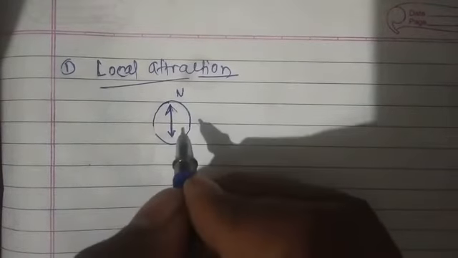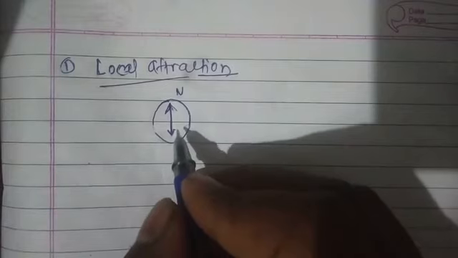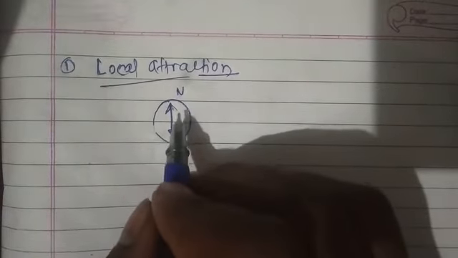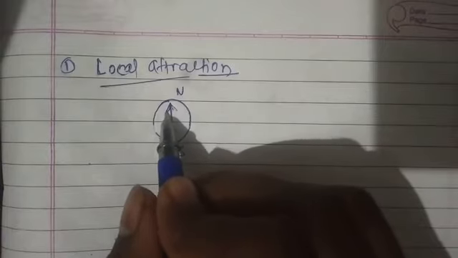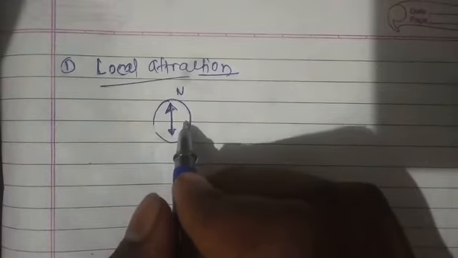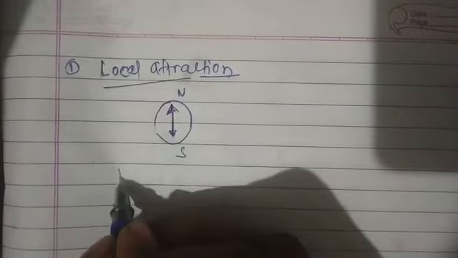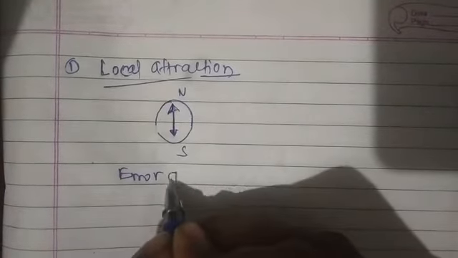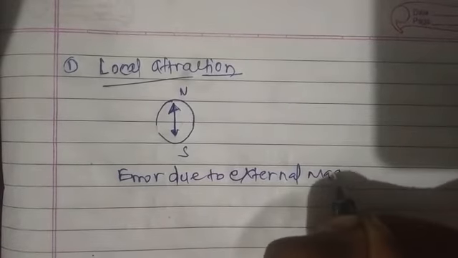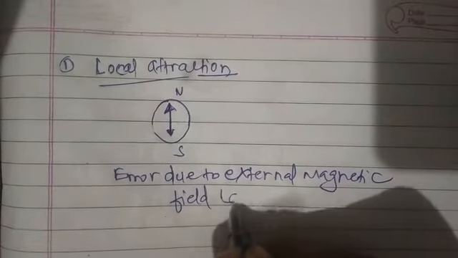If this is brought into the magnetic field of some other material, knowingly or unknowingly, then the magnetic needle shows the north-south direction with some error due to the external magnetic field. That error arising due to external magnetic field is called local attraction.